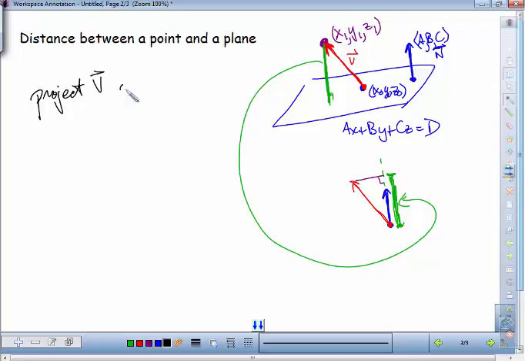So project v onto n, and the scalar projection, I think we call it COMP, as in component projection, v onto n. And if you remember what this was, I think this was the dot product of v and n divided by whatever you're projecting onto, the magnitude of that.